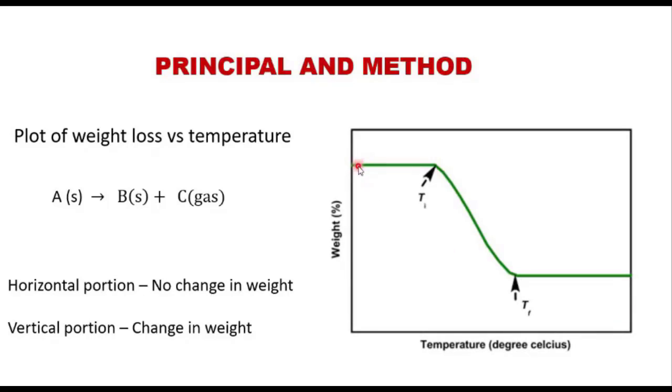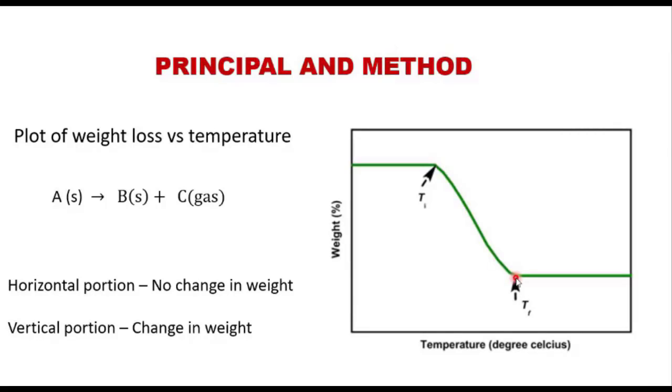You can see this flat region, this represents the compound A which is being heated. Till the temperature reaches here, there is no weight change. When temperature reaches this point, it is decomposing to give B and gas C. So there is a weight change as temperature is being increased.